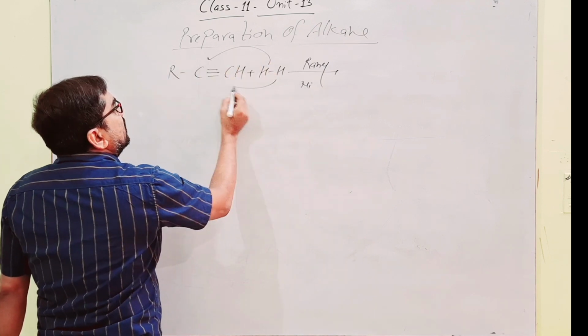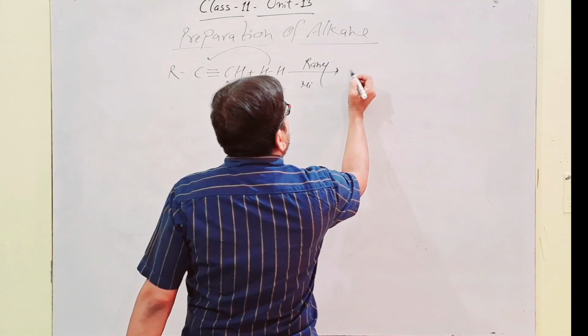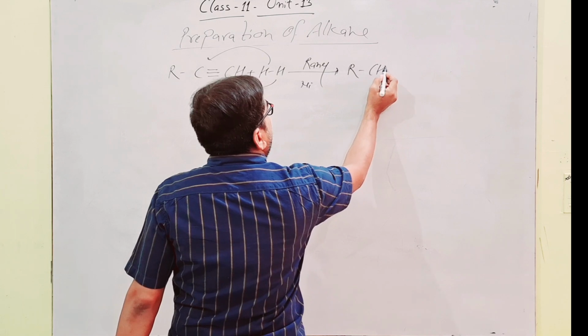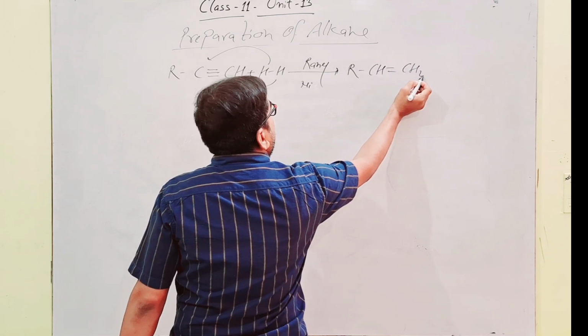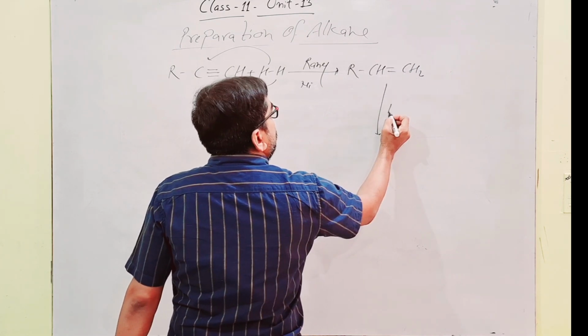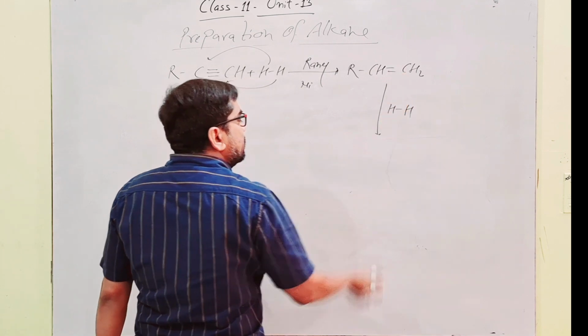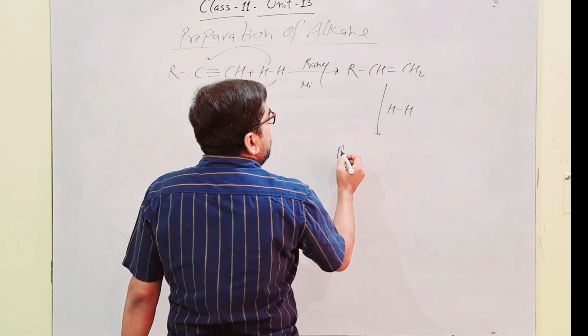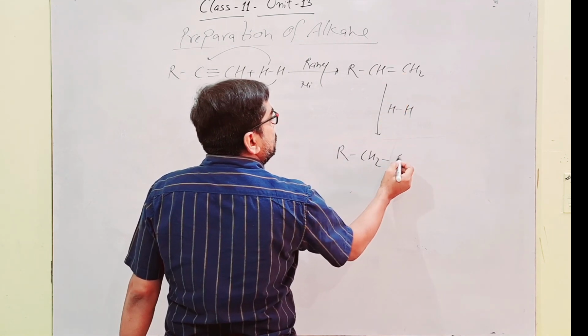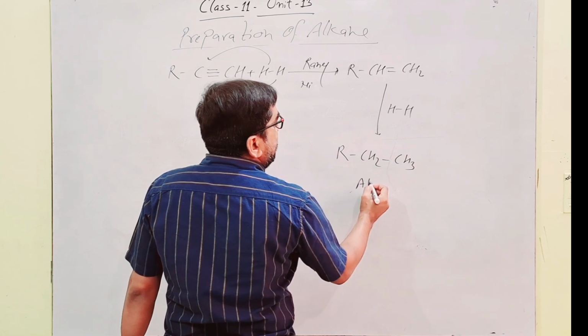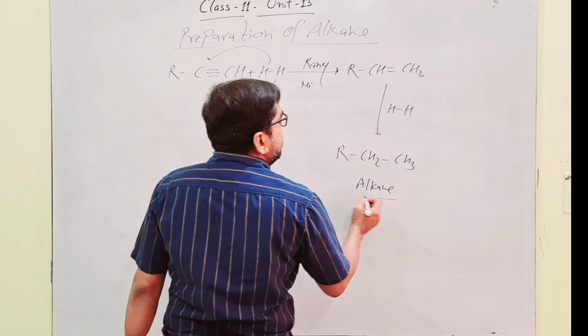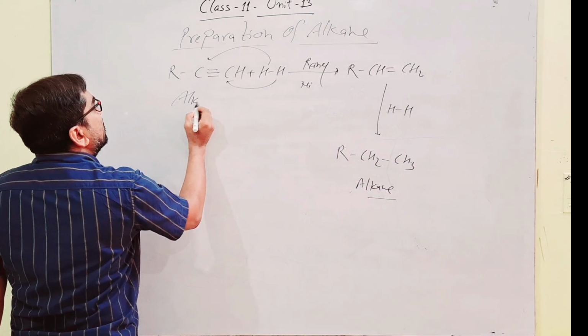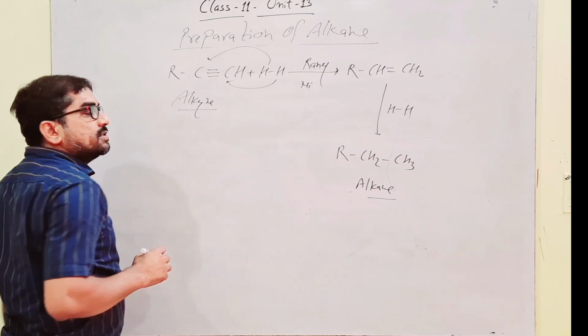Now one hydrogen to the triple bonded carbons, so it converts into a double bonded unsaturated hydrocarbon. The reaction continues until the double converts into single. So R CH2 CH3, and the final product alkane is obtained from alkyne within two steps.